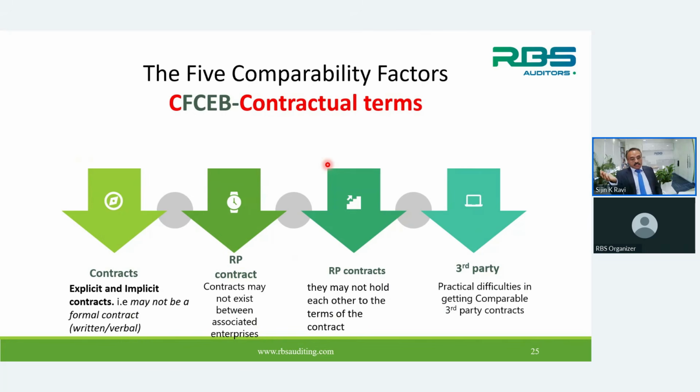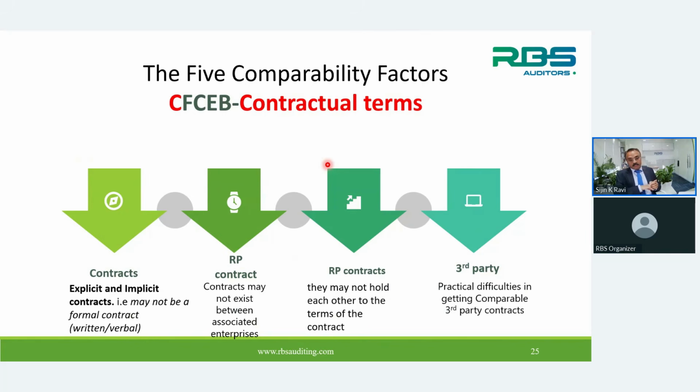In other cases, for example, if you are doing a related party transaction, there is no formal contract. If it is a third party transaction, there will be a lot of conditions, like payment terms. Within 60 days they have to pay, or cash basis, then FOB basis or CIF basis. But relating to related party transactions, you can find some transactions having a contract, some not having a contract.